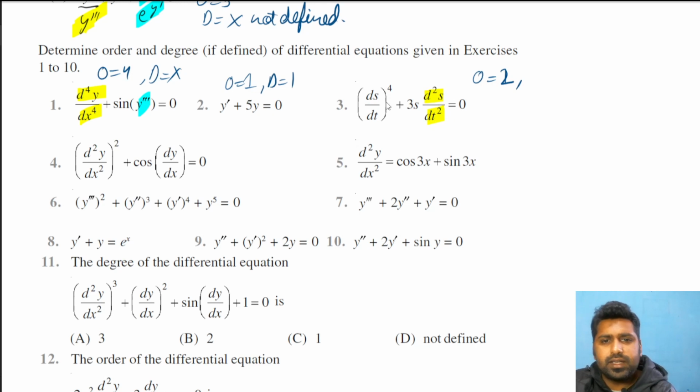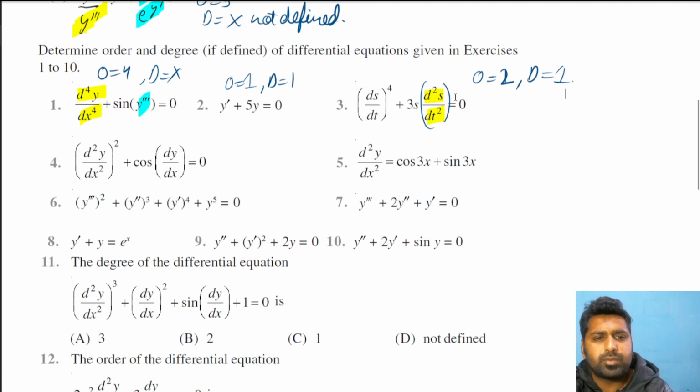This is ds by dt, d square s by dt square, ds by dt. Both have positive powers, no negative power, no fractional power. They are not present inside any function also. So yes, degree is defined. And what is the power available? Nothing mentioned means 1. Nothing written means power is 1.